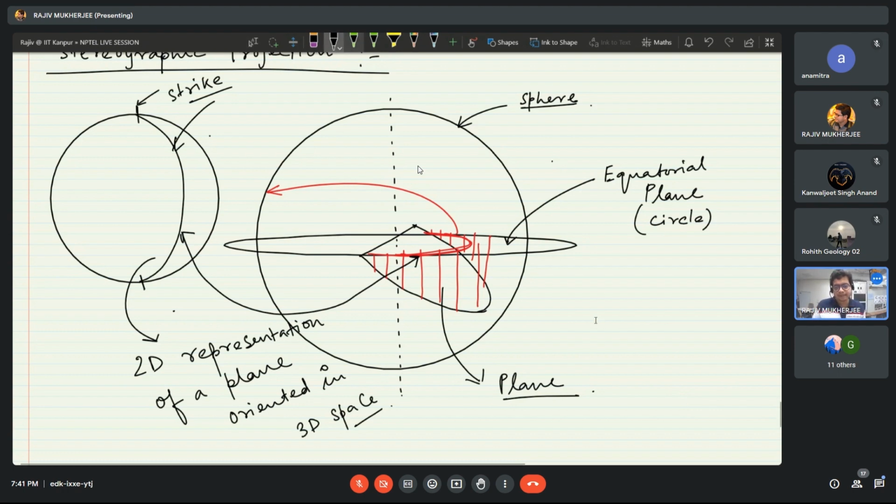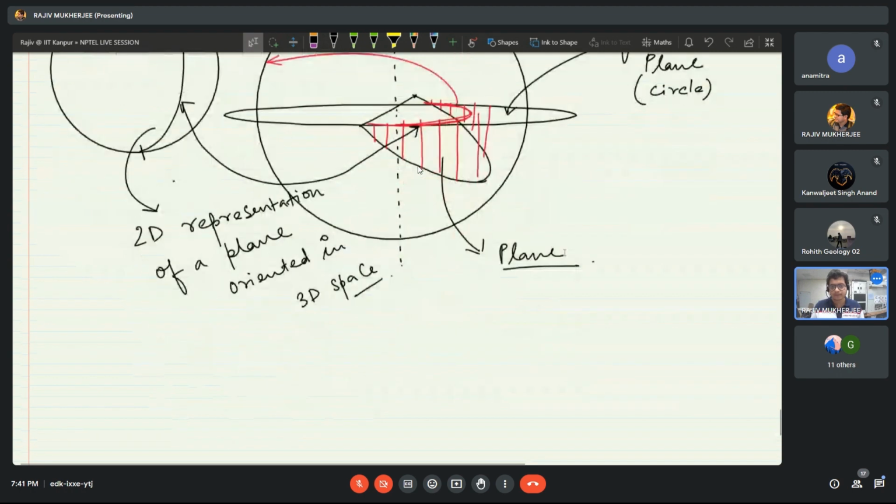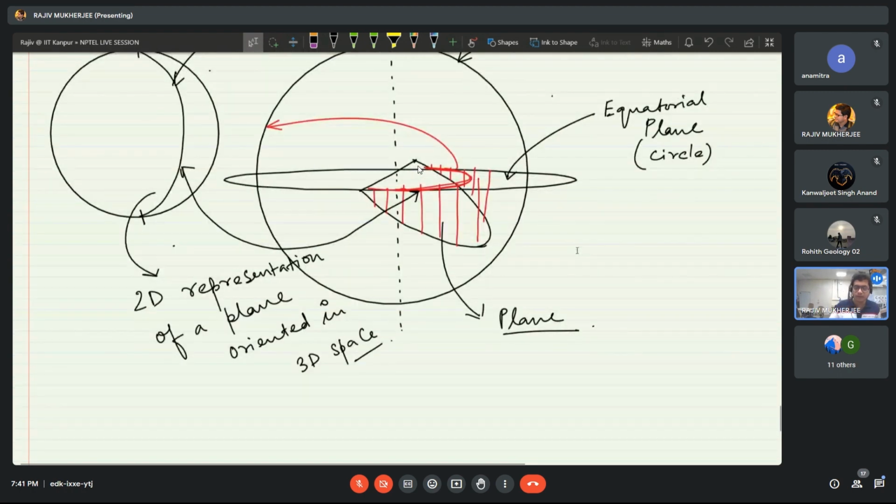And similarly, the more dip you have, the steeper this arc will get. Say, for example, we have a plane like this, then the two-dimensional representation of this plane would be like this.